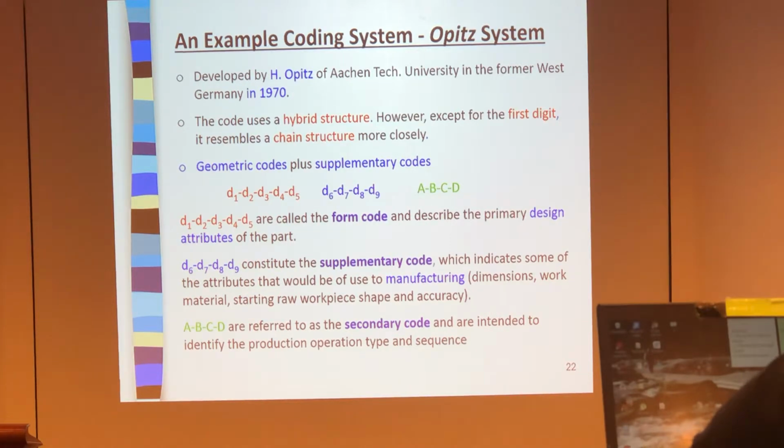But certainly within the scope of this lecture, we're not going to learn how to use such a system. We just want to have a taste of how a part can be coded. And we focus on the first 5 digits.